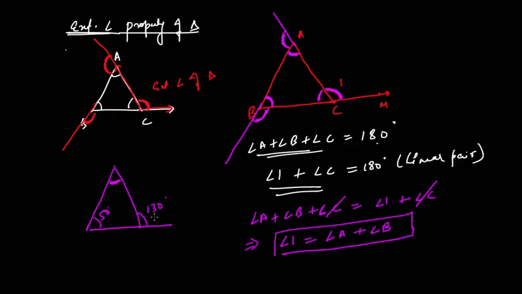I know that 130 degrees is equal to 50 degrees plus x degrees, where x is the unknown angle. So x degrees is equal to 130 minus 50 degrees. That will be my answer, that is 80 degrees. x will be equal to 80 degrees. This is how we use it in different types of questions that we encounter while solving questions related to triangles.